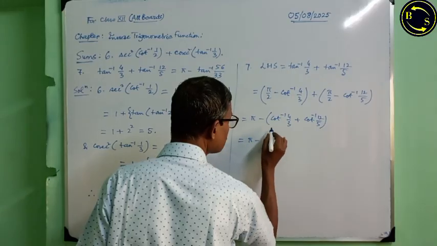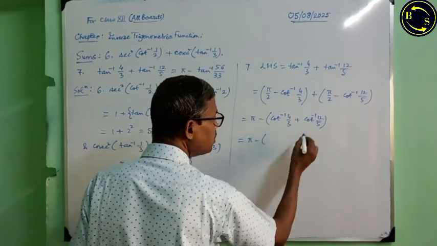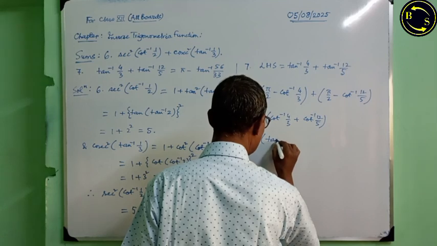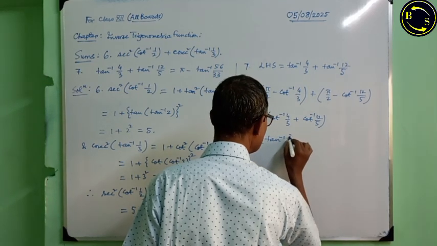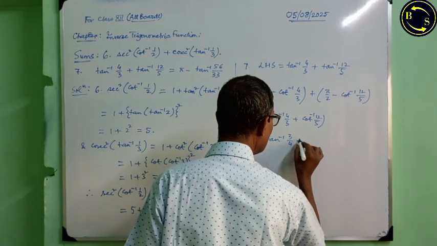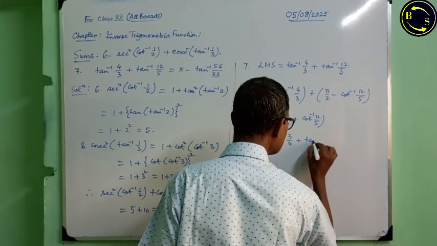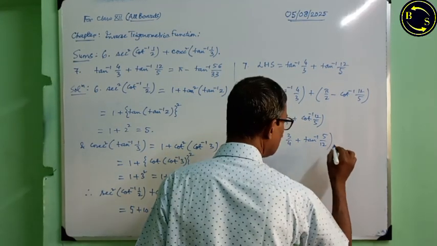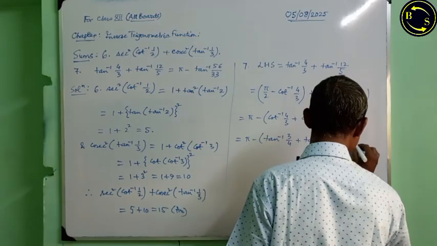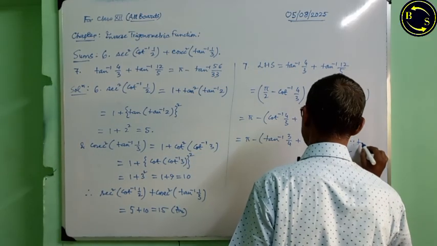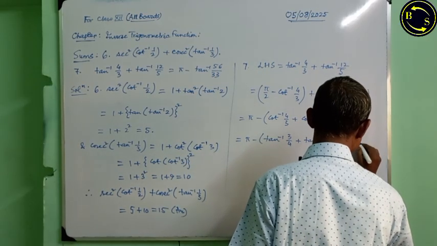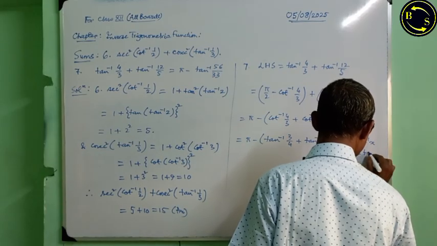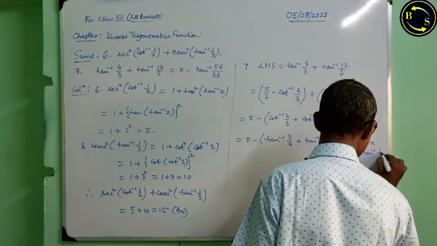Pi minus, we convert this in tan inverse form: tan inverse 3 by 4 plus tan inverse 5 by 12. We use the convention here, since cot inverse x equal to tan inverse 1 by x.